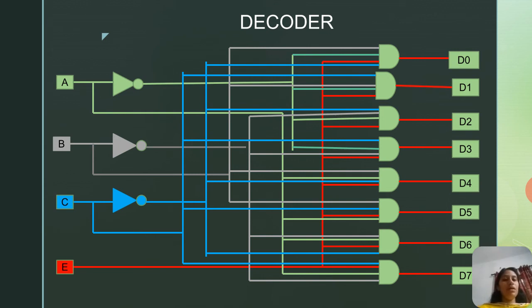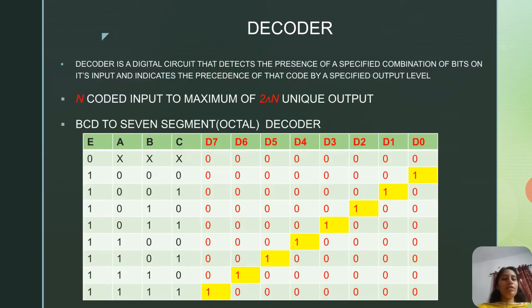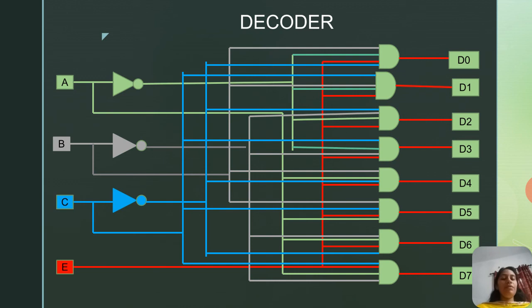Here you have to consider the first one, that's D0. What is the case of D0? Looking at the truth table, D0 will be enabled only for the condition of E equal to 1, and A, B, C equal to 0. So you can see E is connected to D0, then the A bar, B bar and C bar connections are also connected to D0.